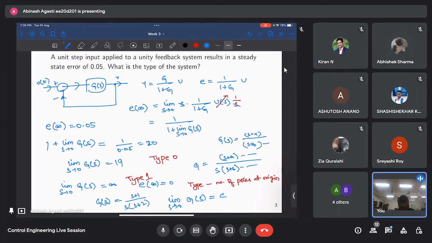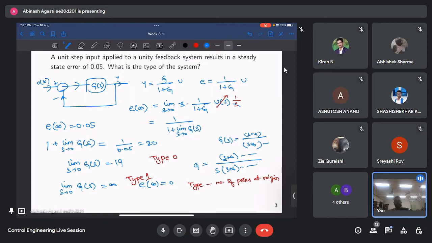So basically, if I have a pole at the origin, one pole, two poles, or any number of poles, then limit s goes to 0 g of s will always be infinity. So a finite non-zero value for limit s tends to 0 g of s can be obtained only when the system is of type 0.